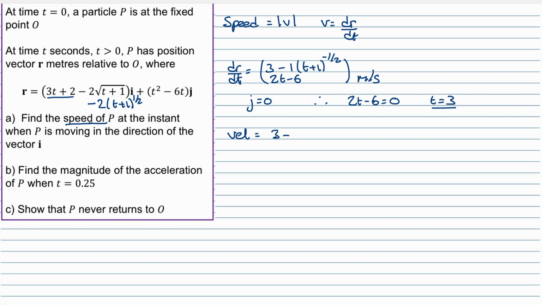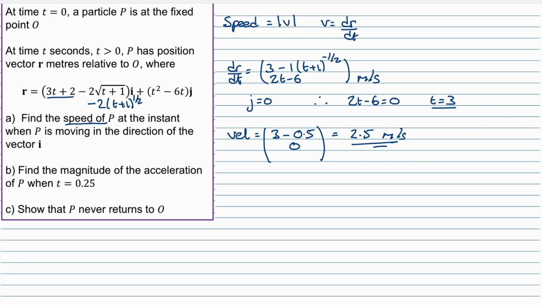We'll have 3 minus (3 plus 1) to the negative 1/2. 4 to the negative 1/2 will give us 0.5, so this will be 2.5. And then for the j, we'll have 0. So we'll have 2.5 meters per second.